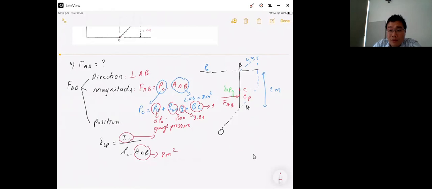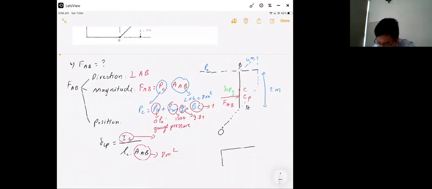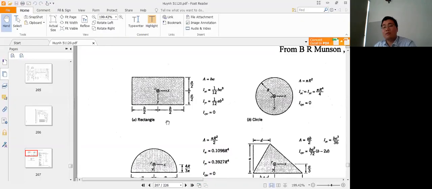This one is a rectangle, AB. This one is A, this one is B, and this one is 4 meters long into the page. So we can apply the equation for the rectangle. IC will equal 1/12 B A to the power 3.